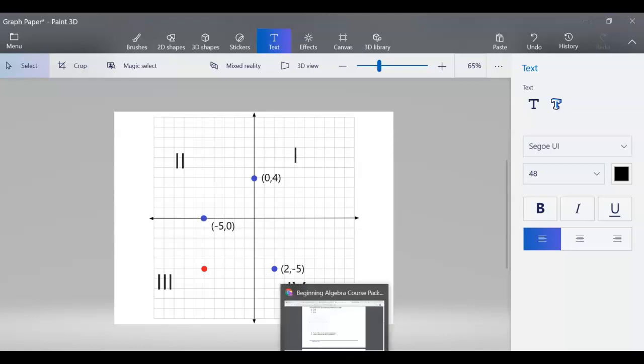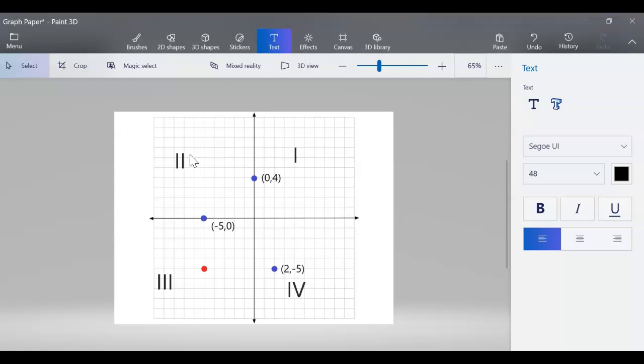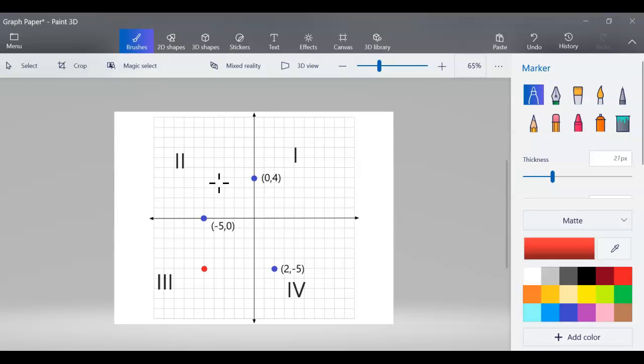The last question there says write an ordered pair that's in quadrant 2. So all we have to do is come up with some ordered pair that's in quadrant 2 and realize that that forces me to have a negative x value and a positive y value. So I could take, for instance, this point here.